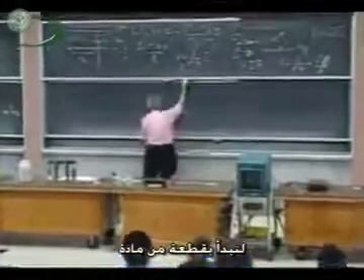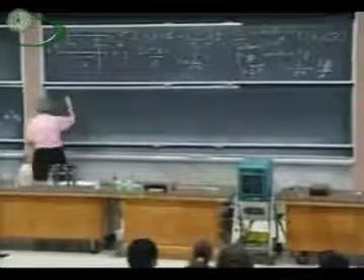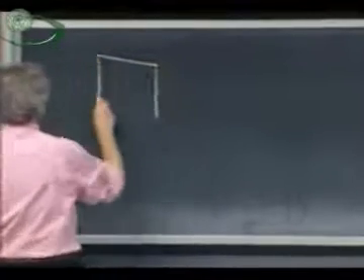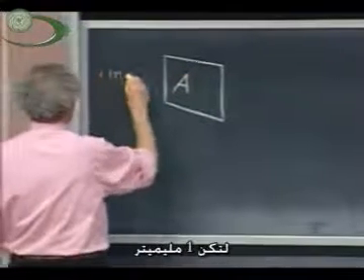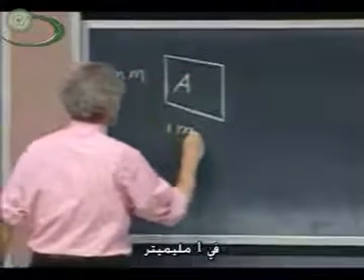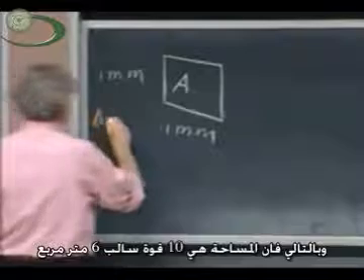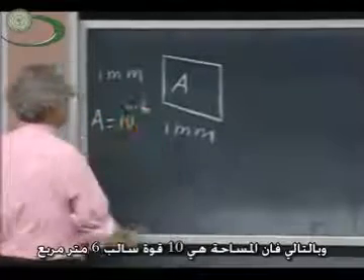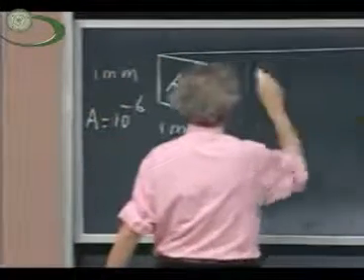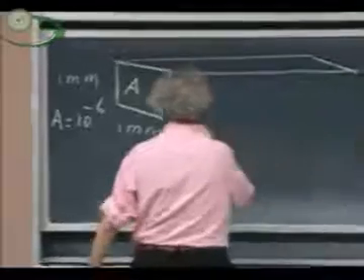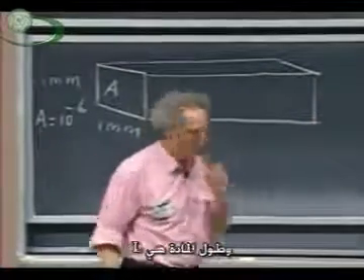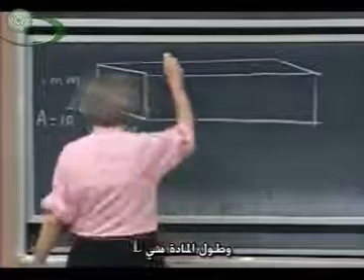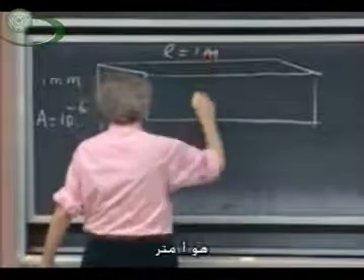So I'll start off with a chunk of material, cross-sectional area A. Let's take it 1 millimeter by 1 millimeter. So A is 10 to the minus 6 square meters. So here I have a chunk of material, and the length of that material, L, is 1 meter.